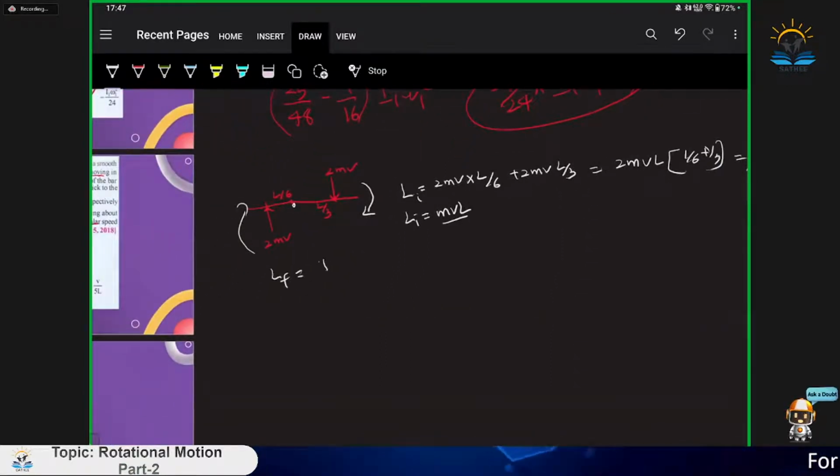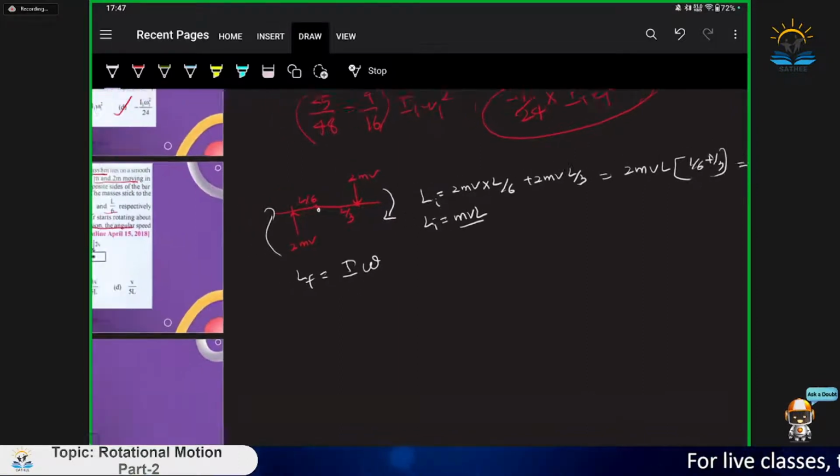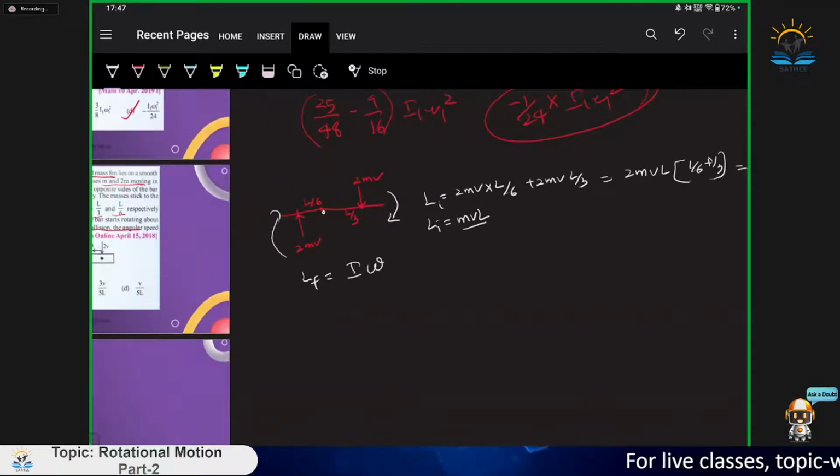And L final will be I omega. The rod will rotate about this axis, right?